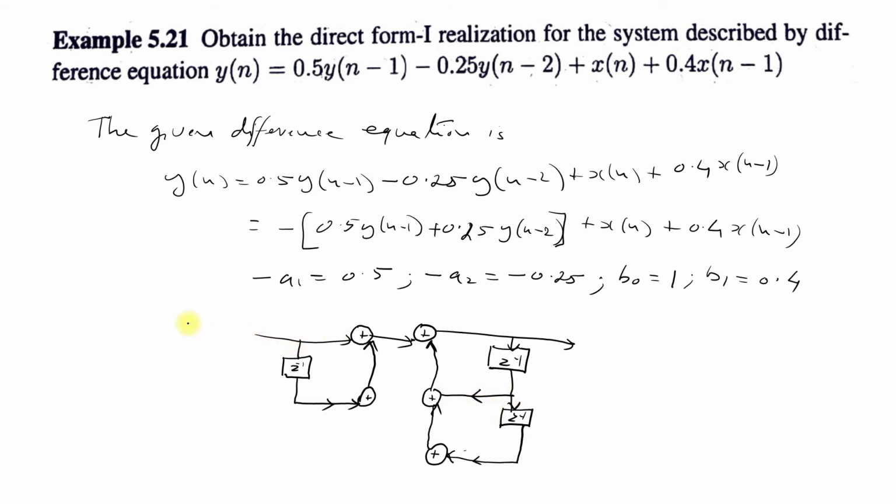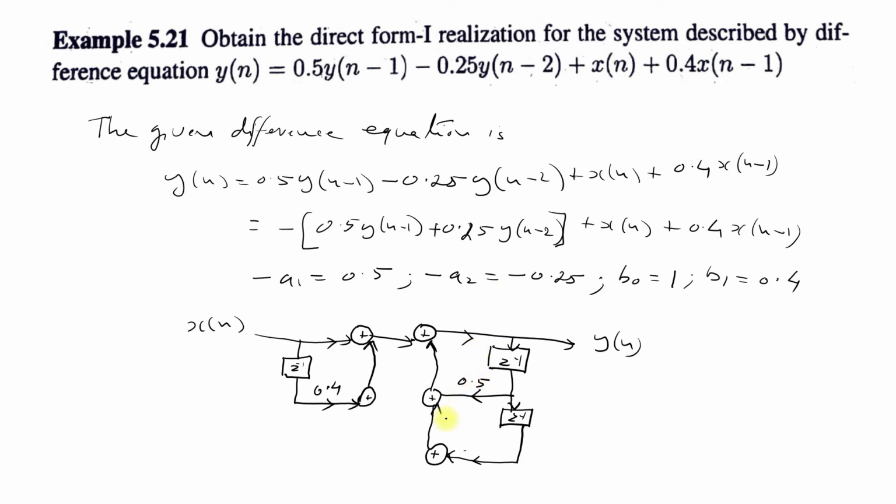We have the input x of n and output y of n, and the coefficients here are, this is b0. So b0 equals 1 itself. Then b1 equals 0.4. Then we have the coefficient minus a1 equal to 0.5.